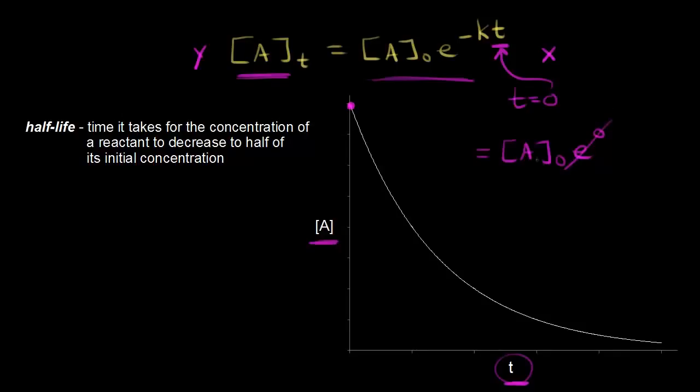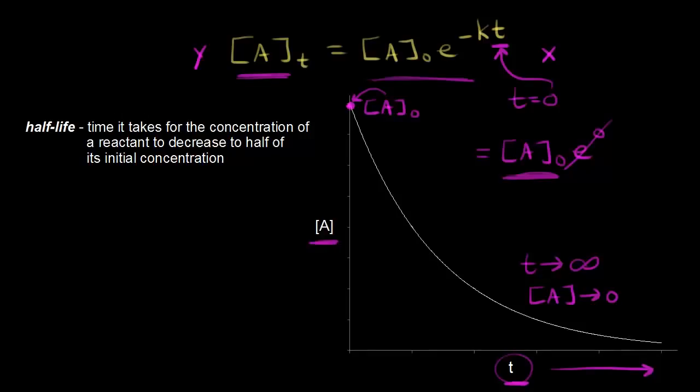So our initial concentration is obviously this point right here, where time is equal to 0. I'll write that in here. So that's this point. And as time goes to infinity, your concentration of A goes to 0. As you go out here, obviously your concentration of A is going to approach 0. So that's the idea of an exponential decay graph.